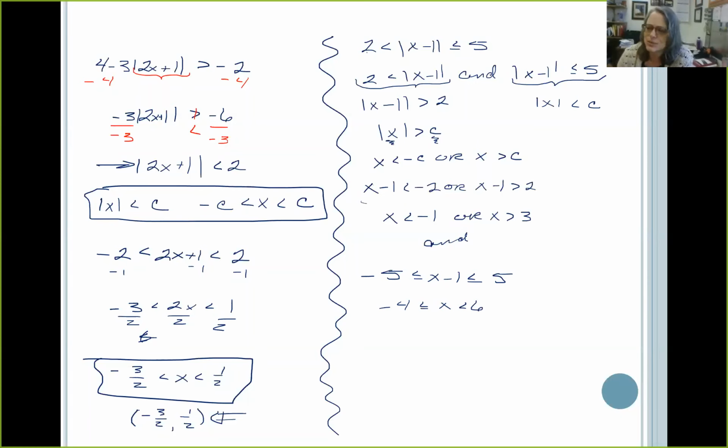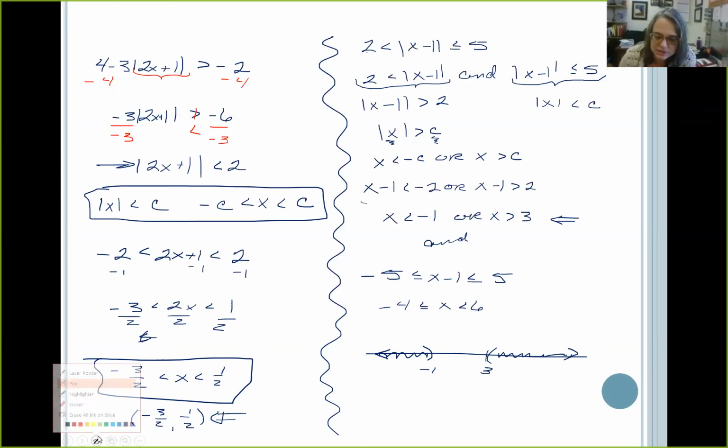But now let's look at what we've got here. If I graph this on a number line, what I have is all of these, and all of these. But the only ones I get to have in my solution are the ones that satisfy the blue squiggle and the red squiggle that goes with this, which goes from negative 4 all the way up to 6.